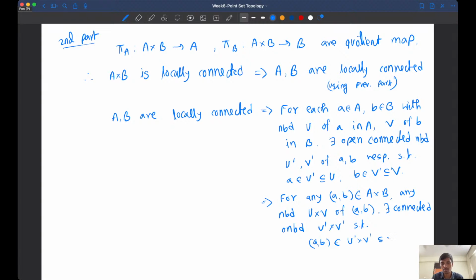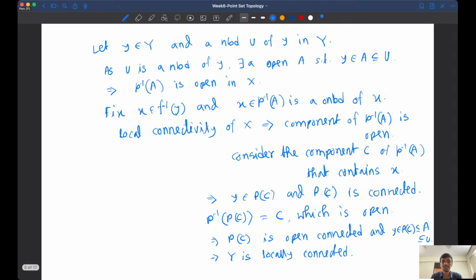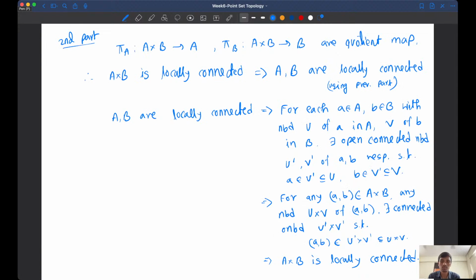So this implies A cross B is locally connected, again just following the product topology definition on A cross B. Okay, so this is fine.